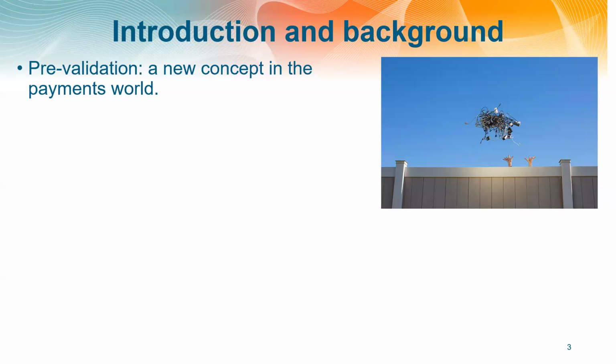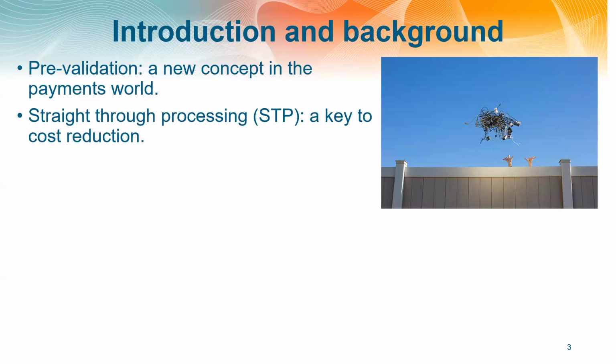So another concept in the global payments world is what's called straight-through processing, or STP. And STP essentially says you should be able to execute a payment automatically. That is to say, without any manual intervention.